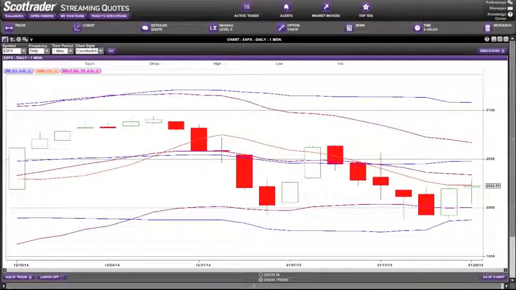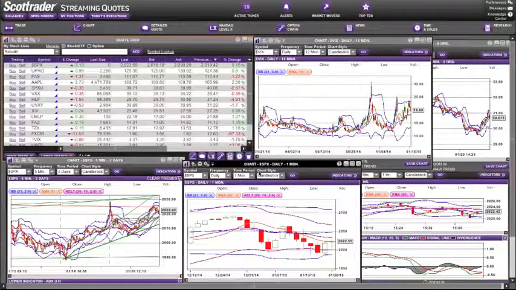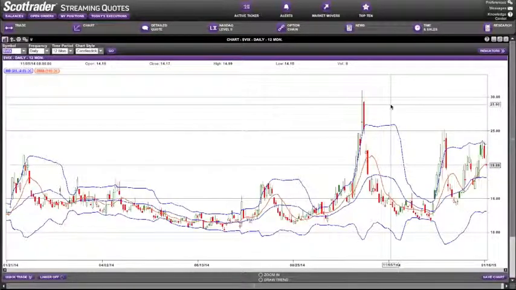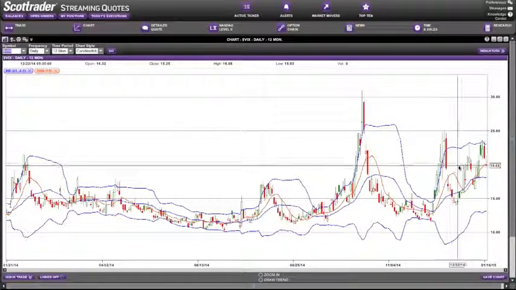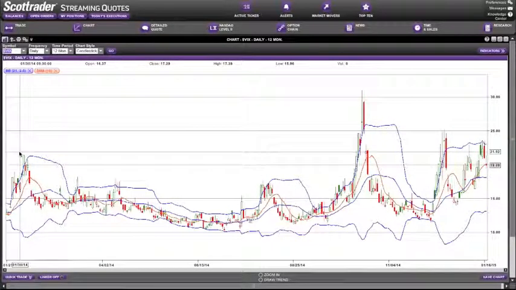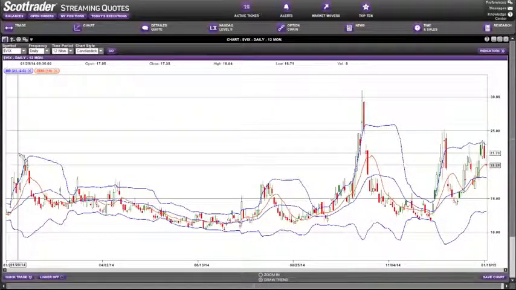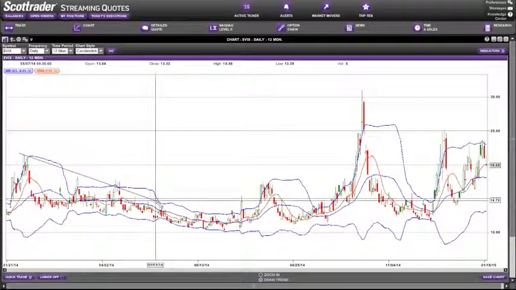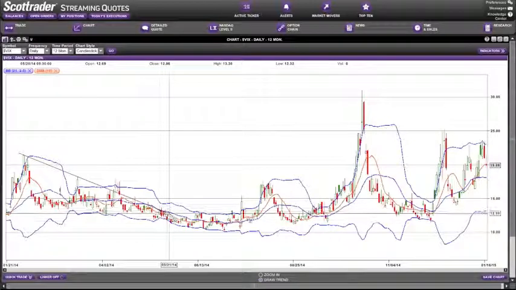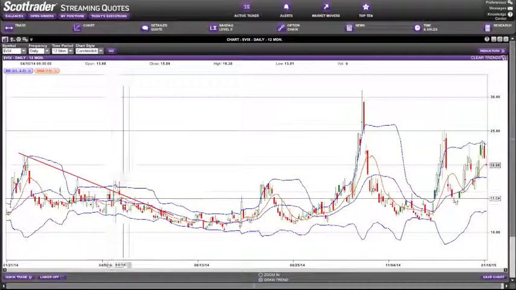So yeah, today was very volatile. Tomorrow could be very volatile as well. Take a look at the VIX. So yeah, the VIX is trending in a similar pattern as we saw here in this triple top.